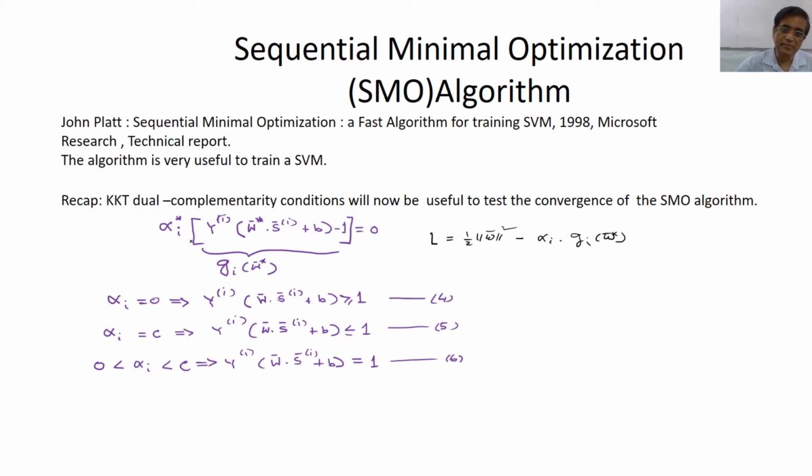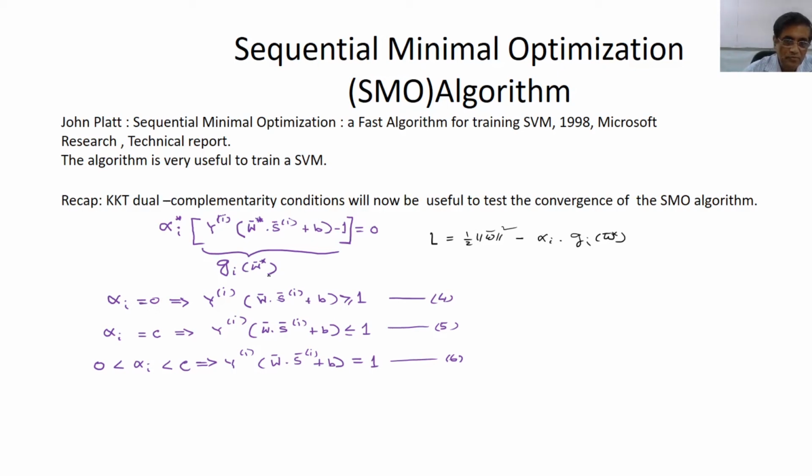This is a very beautiful condition which tells you something. What is it? You see, the product of two quantities is equal to 0. Here alpha is our Lagrangian multiplier. When the product of two quantities is 0, either of them will be 0, and that will satisfy this constraint, right?